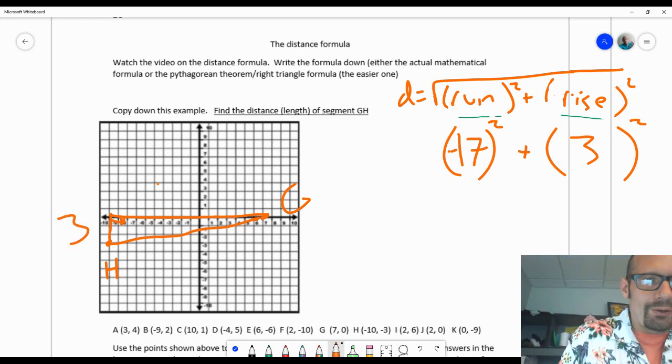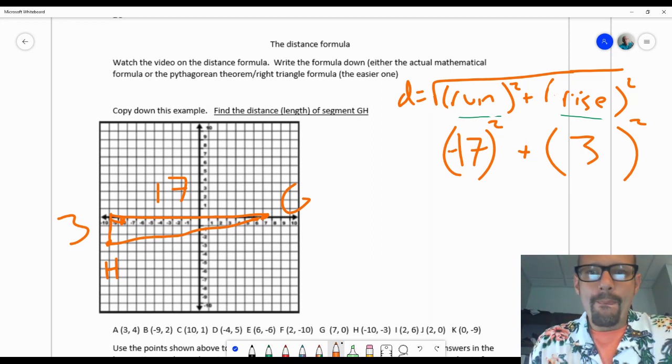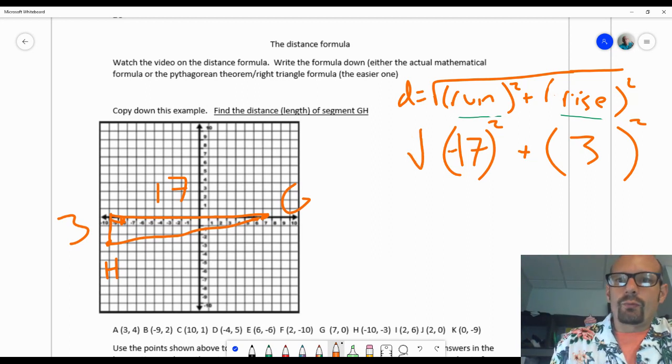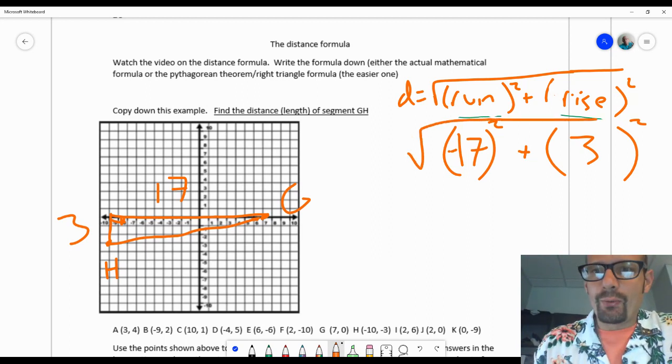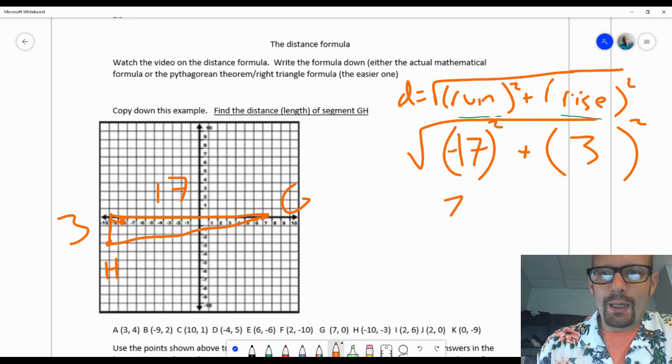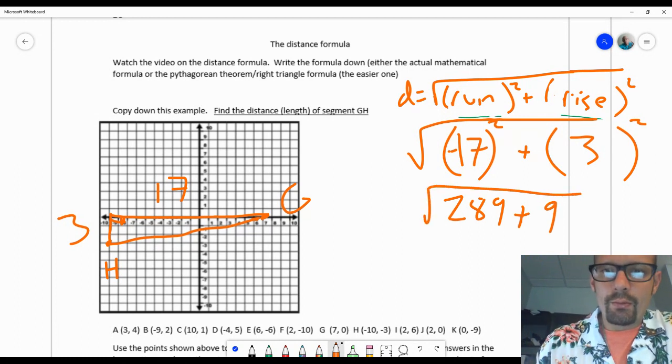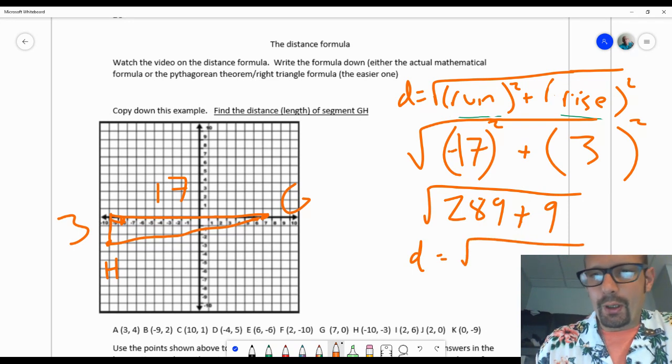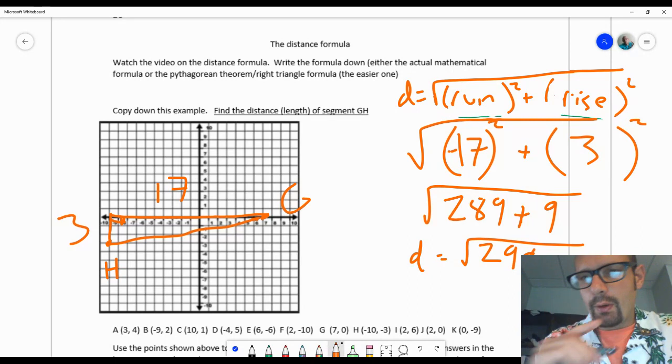Our rise is 3, our run is 17. So we'll do 17 squared plus 3 squared. 17 squared is 289. 3 squared is 9. So our distance is going to be the square root of 298.